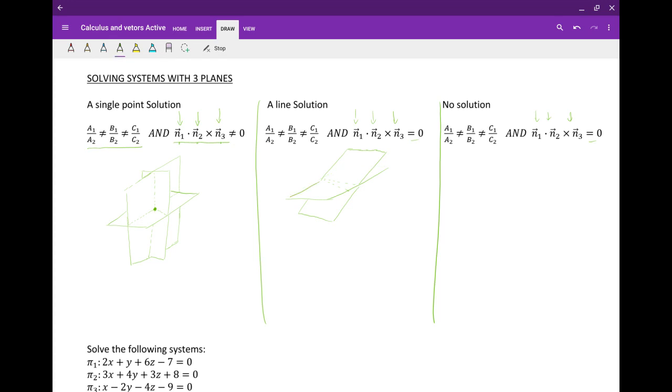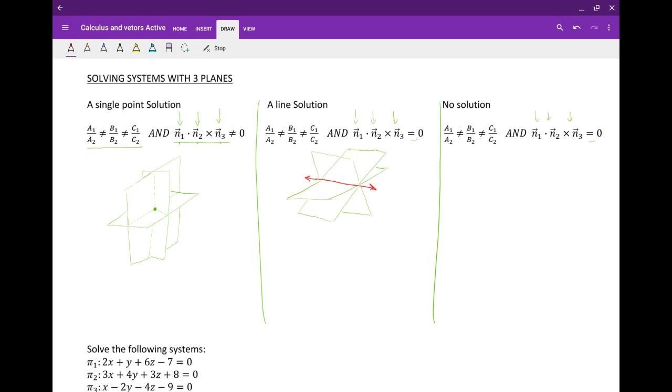There we go. They intersect at this line. And now, let's pretend I actually have my third plane, and it also intersects here, for example, something along those lines. And basically you would have a line solution here. Okay, if that were the case.